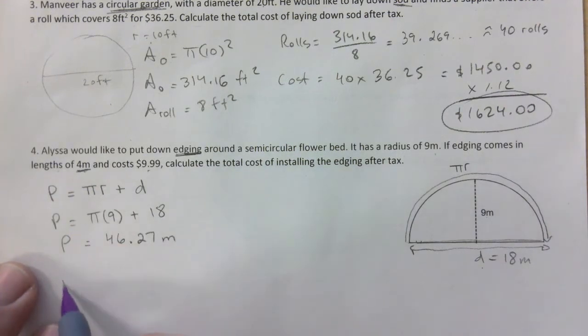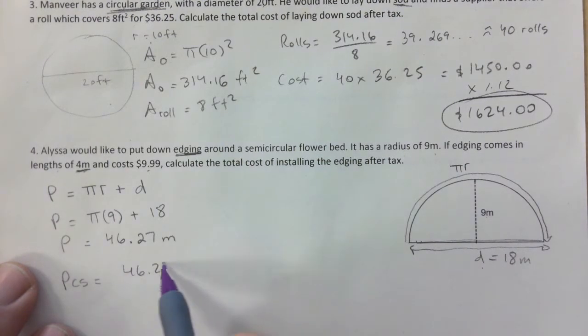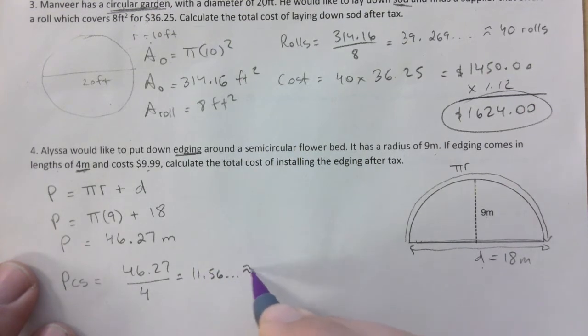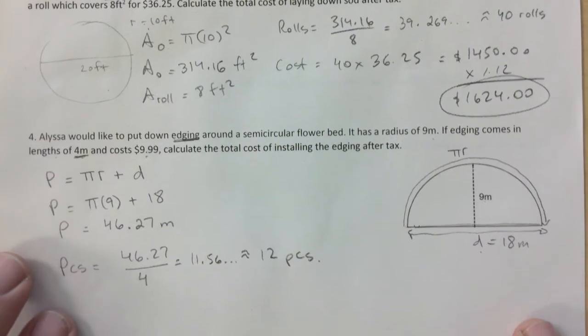So pieces, we're going to call that 46.27 divided by 4 meters a piece. You get 11.56, which is approximately 12 pieces that you need to buy to have enough edging.